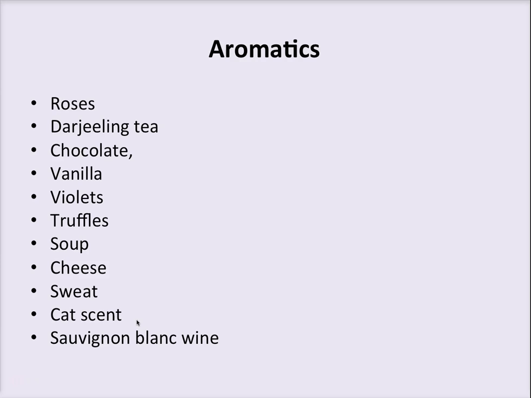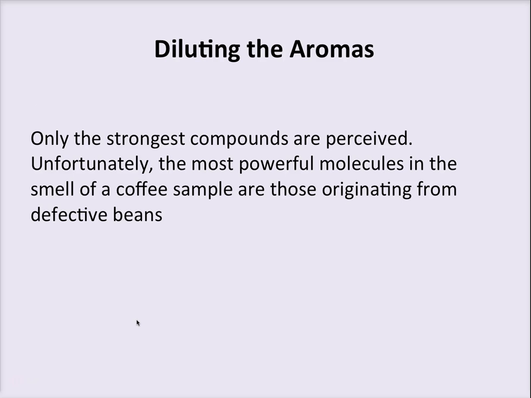But it gives you an incredible range, everything from sweat to roses, cat scent, and Sauvignon Blanc. So you can see that the very presence of that variety in descriptive terminology really points to an underlying variety in molecular signatures as well.